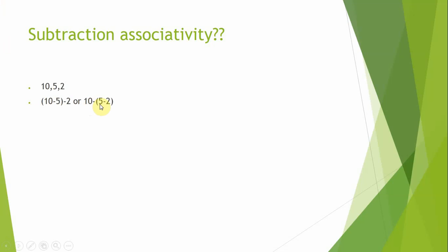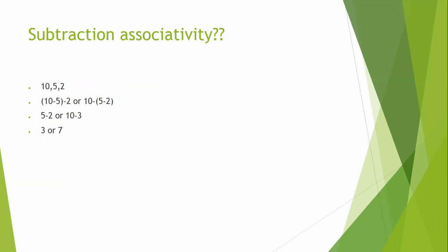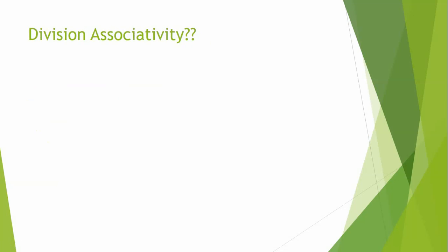Or we subtract 2 from 5 and subtract the answer from 10. Notice that both ways of subtraction give us different answers. So this means that the associative law is not true for subtraction.